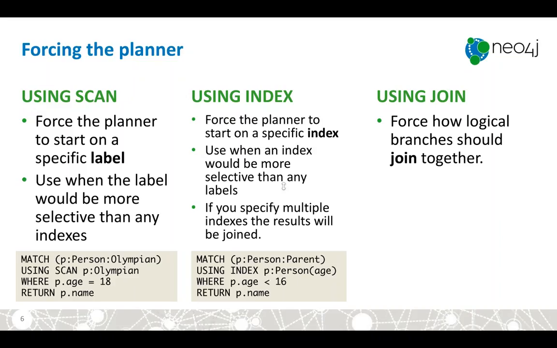We happen to know that there are fewer people under the age of 16 than there are people who are parents, for example. And so we can say that that's going to be a more selective operation than the Parent label, and we can force it to use that particular index.